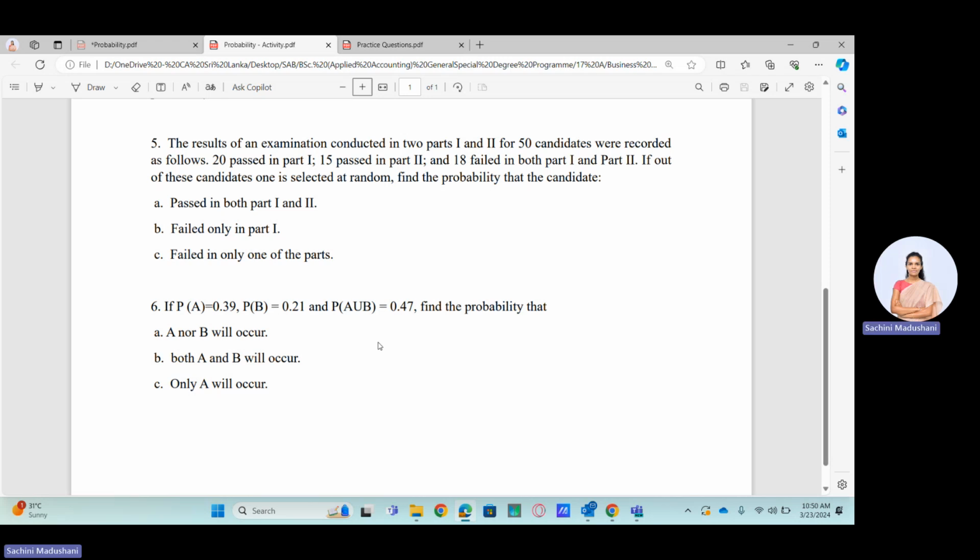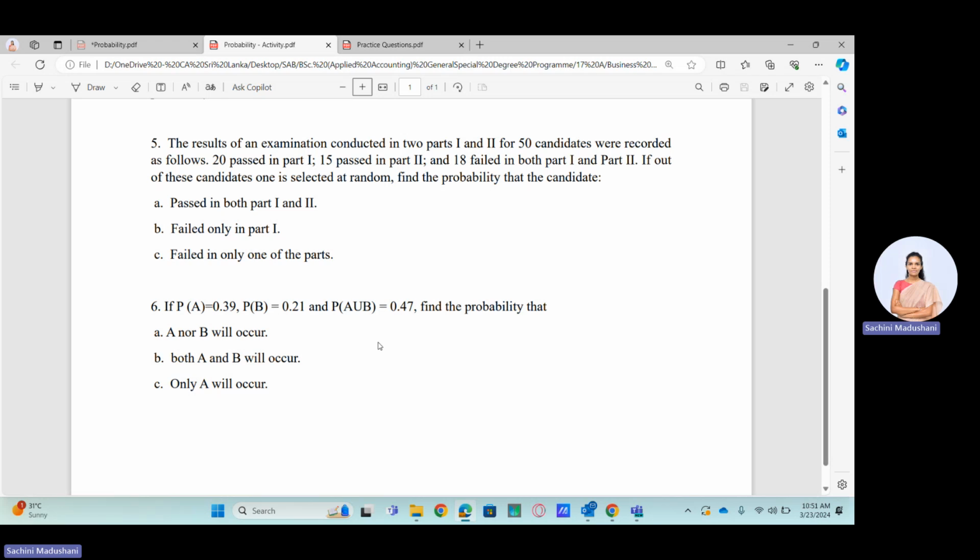Then the total is 50, and 18 failed both. What is the remaining? 32 candidates. But here the total value is 35, so there are 3 extra, which means 3 passed in both.